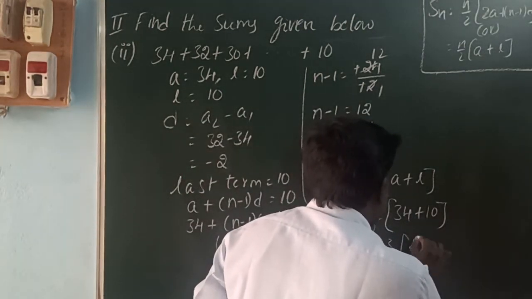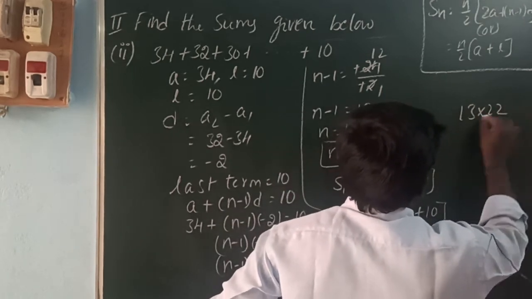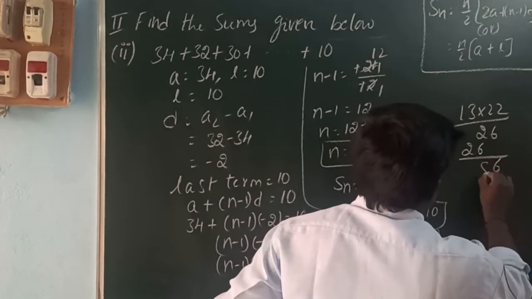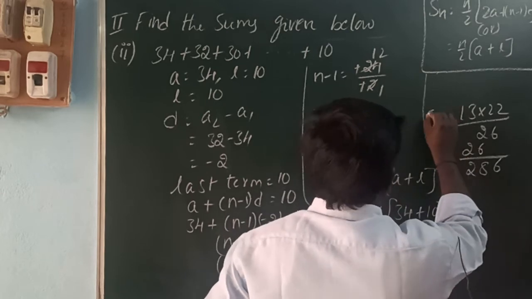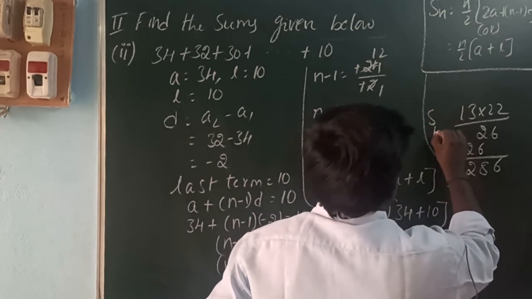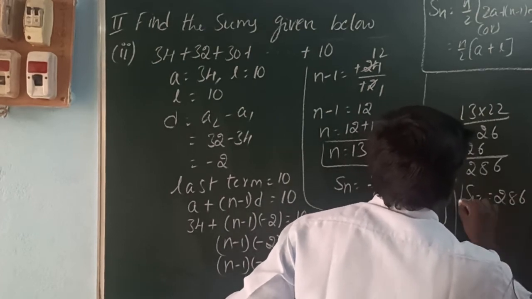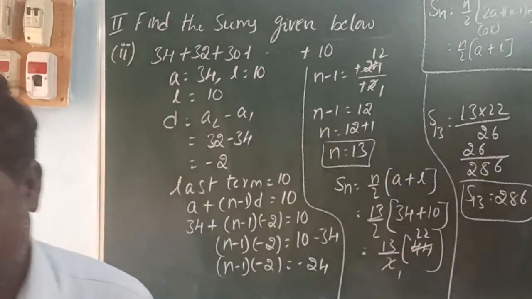So 4 ones are 4, 4 twenty-twos are 44. So 13 into 22, that is 286. So the sum of 13 terms is 286. So the sum of the given AP is 286.